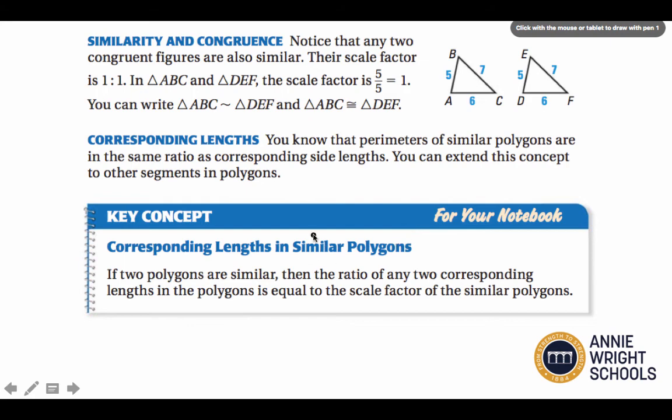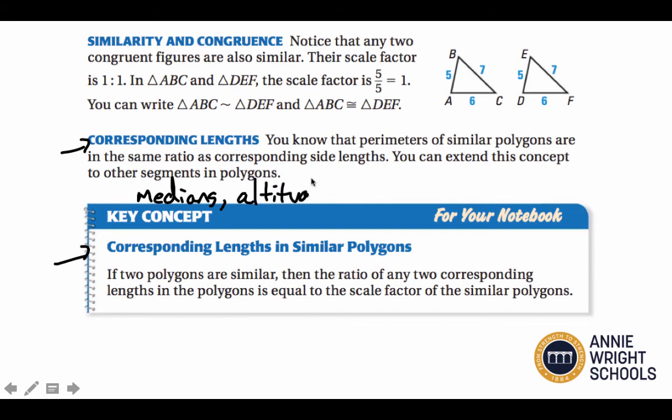Here's a really interesting one down here, corresponding lengths. This means all the corresponding lengths. So we could talk about medians, we could talk about altitudes, we could talk about all sorts of segments that a triangle or a polygon might have, and those corresponding segments would also be in the same ratio.